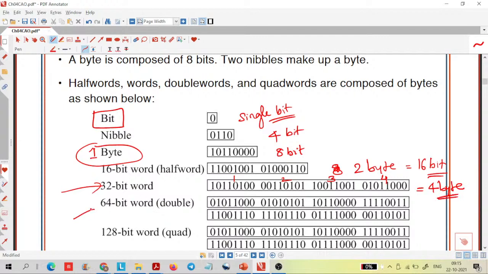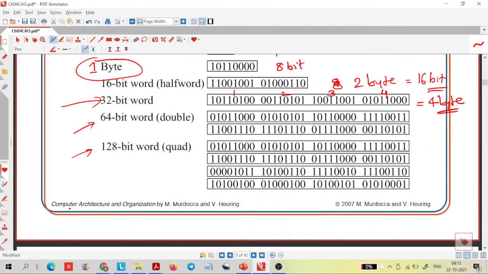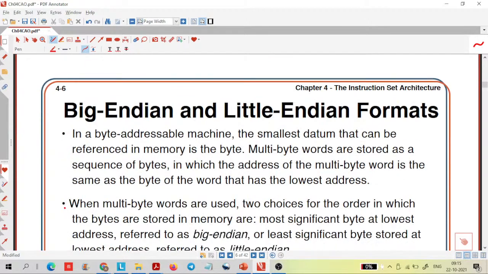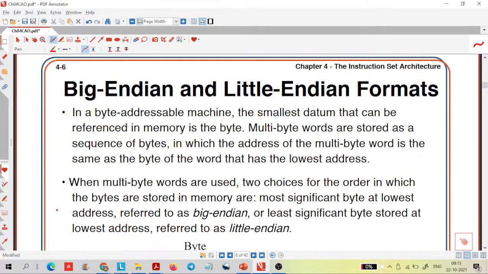Then 64 bit and 128 bit require data representation. Then comes one concept, that is the big endian and little endian format, which describes how we store the data.